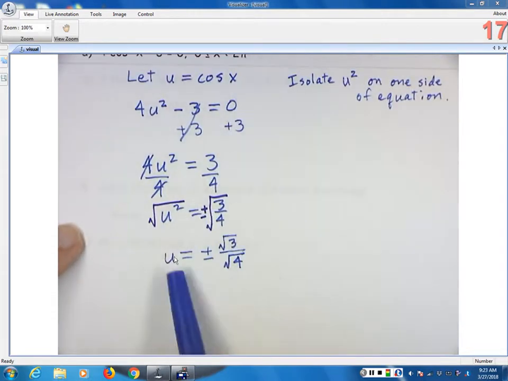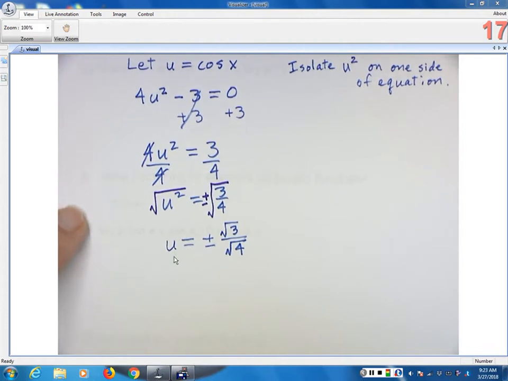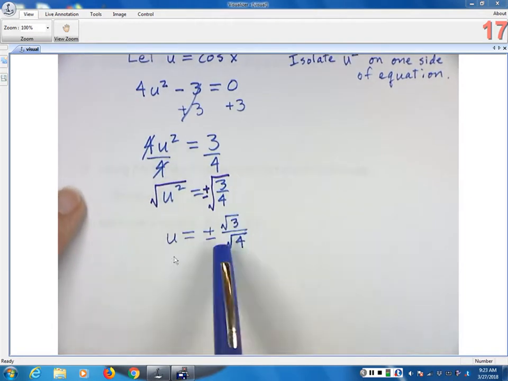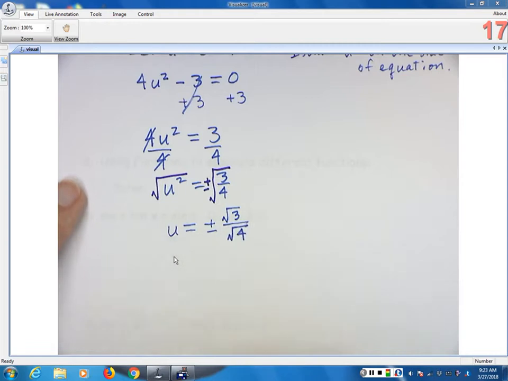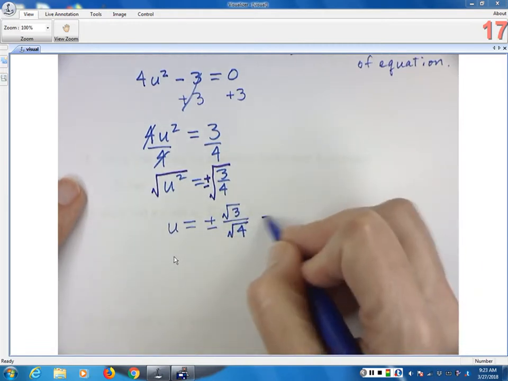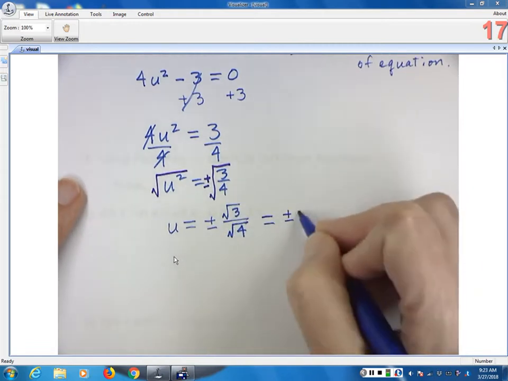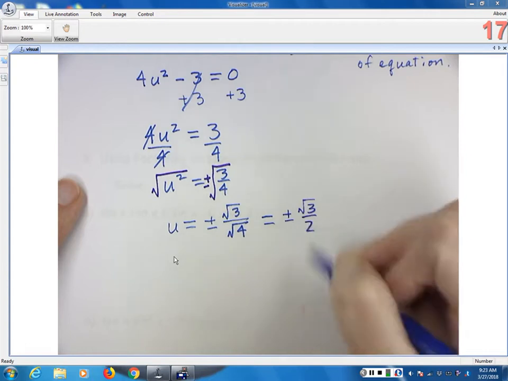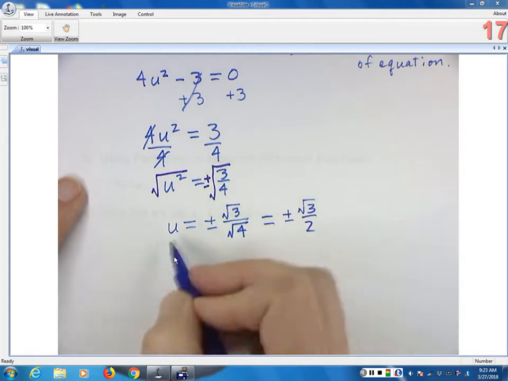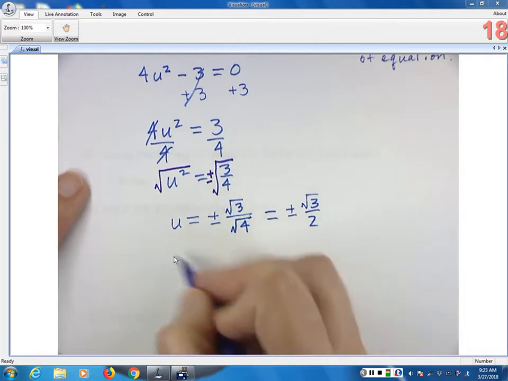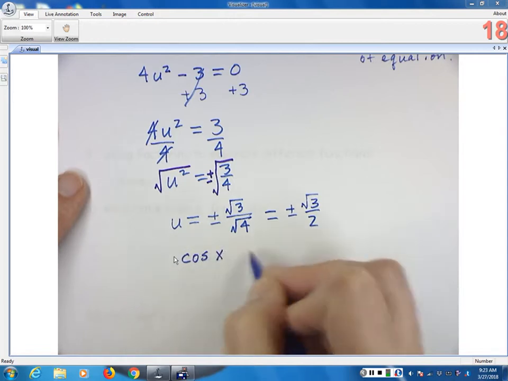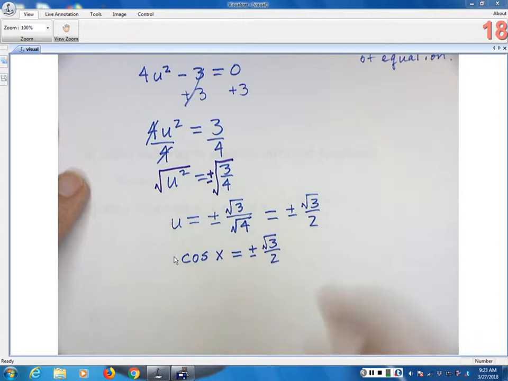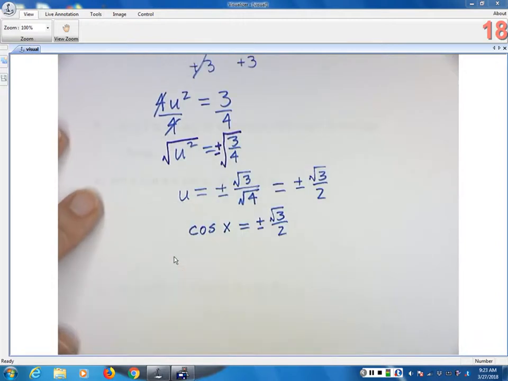U's easier, I would think. So u is plus or minus the square root of 3 over 2. But u is cosine x, so cosine x equals plus or minus the square root of 3 over 2. So we're back to the cosine.